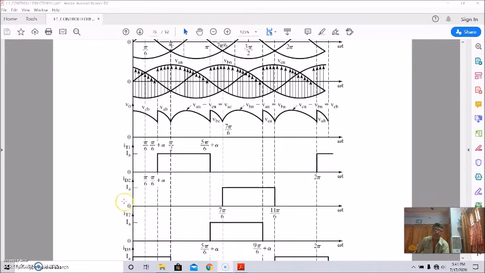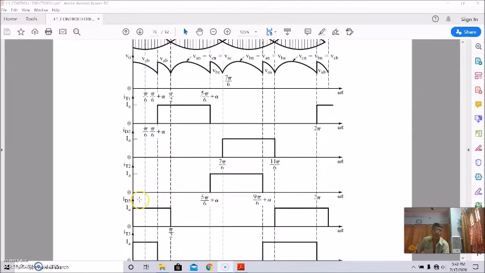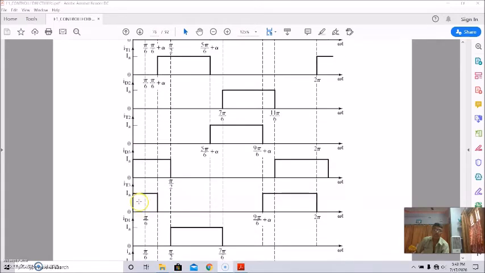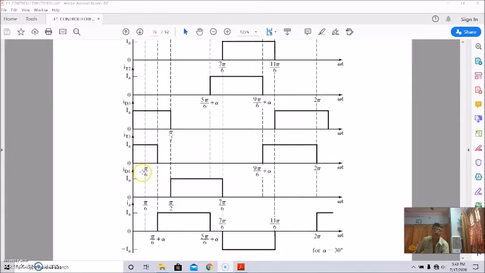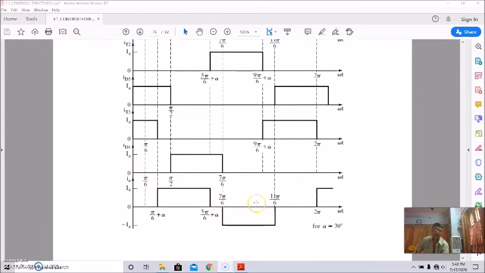This is due to diode 2, this is due to thyristor 2, this is due to diode 3, and this is due to diode 1 again. Then thyristor 3 and diode 1, and this is the current waveform.